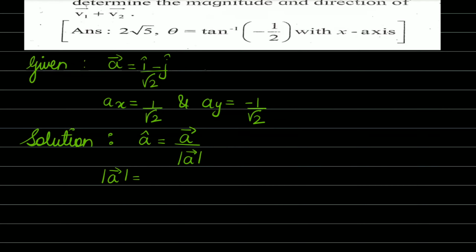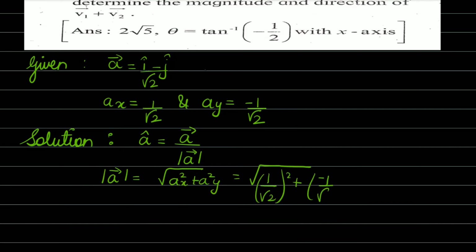The magnitude of A vector is found by the formula under root Ax square plus Ay square. So it is under root (1 by root 2) whole square plus (minus 1 by root 2) whole square.